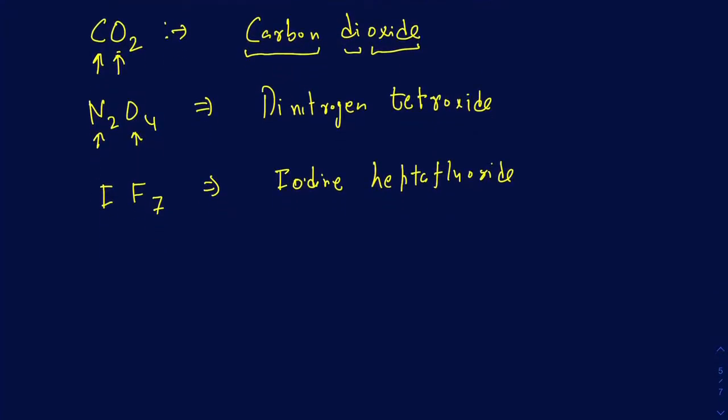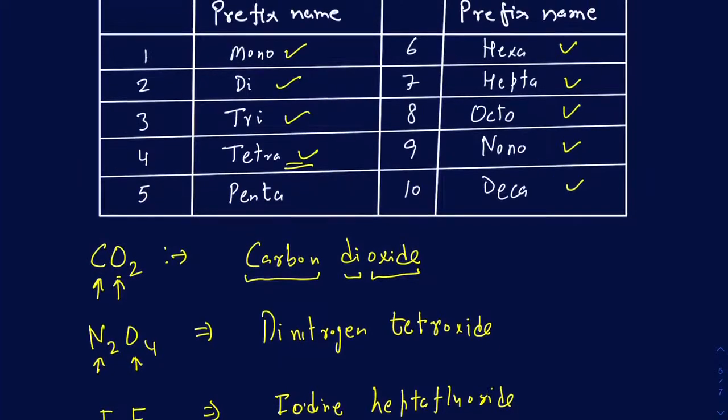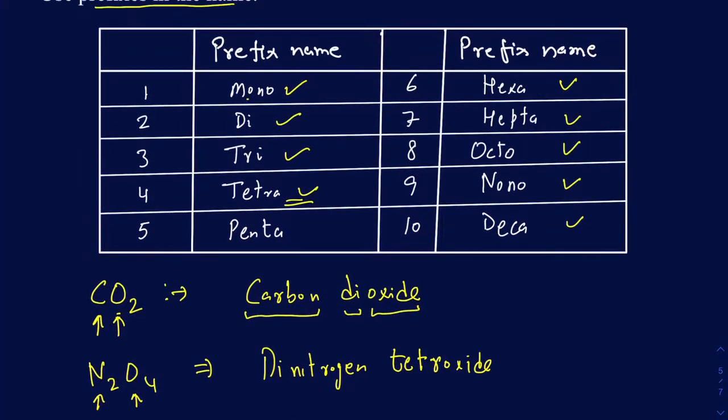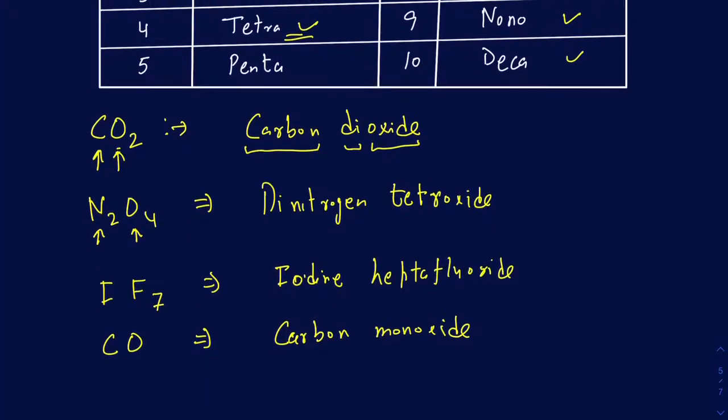If I have assumed this right there, CO, what's that called? CO is called carbon monoxide. Now remember what I said earlier: if you have 1, we use the prefix mono. Mono is only used anytime you have the second nonmetal to be 1. If only the first nonmetal is 1, you don't have to use mono for that; it's just automatic that there's only 1.